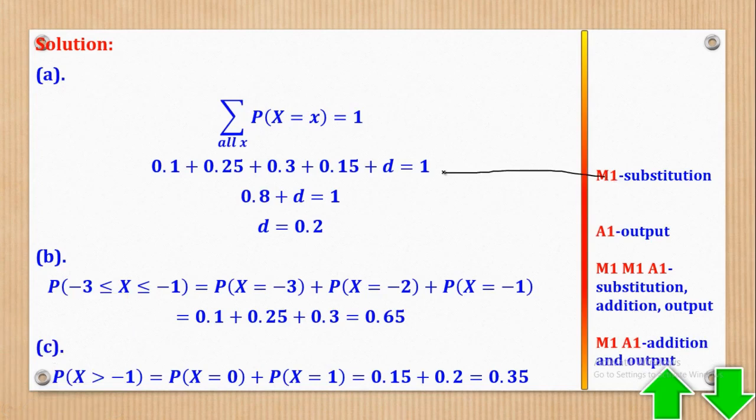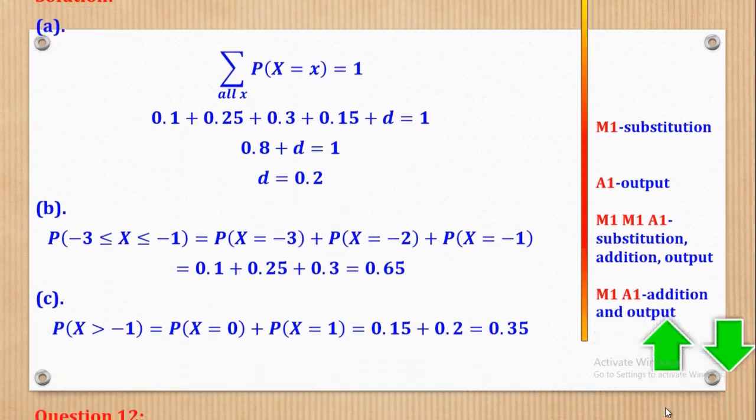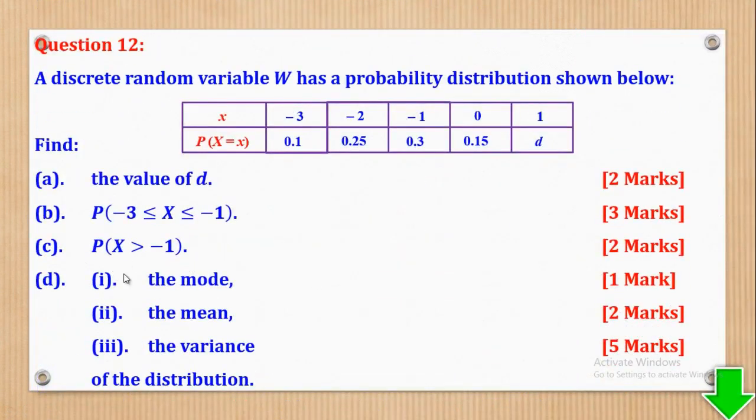So M1 for this substitution, A1 for output, M1 for this substitution, M1 for additions, then A1 for the output, M1 for additions, and A1 for the output. Then they wanted here mode, mean, and variance.